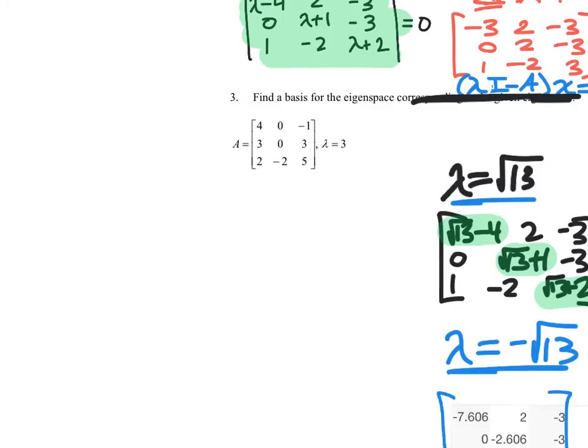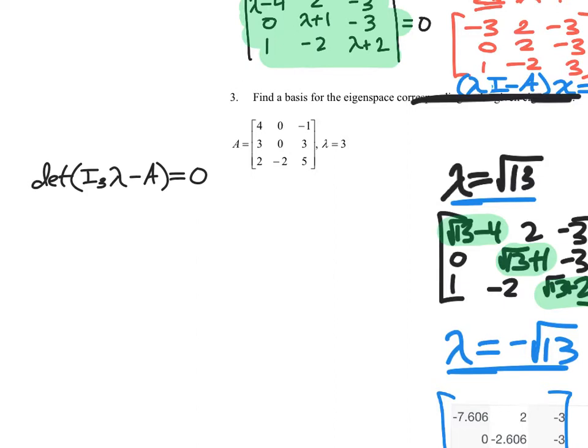So we have a three-dimensional matrix. If we're going to find the determinant of lambda times the identity matrix in 3 dimensions minus A, we're going to set that equal to 0.